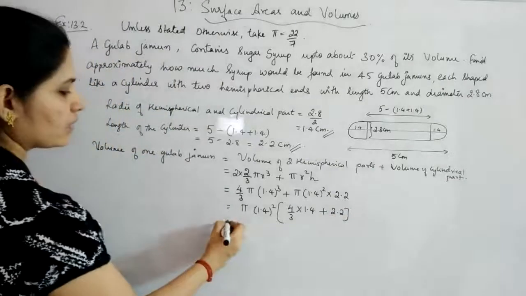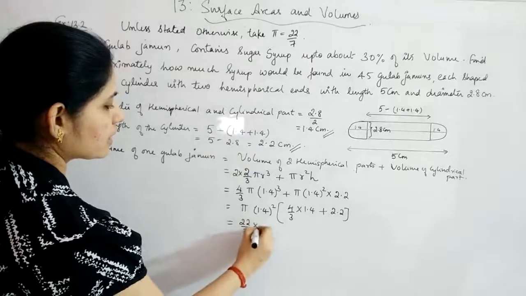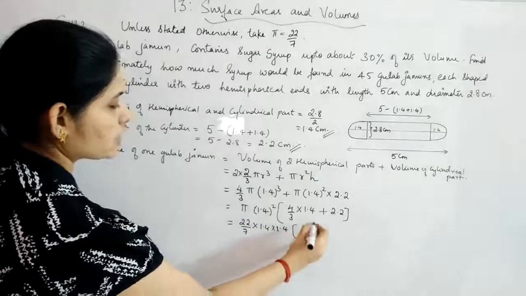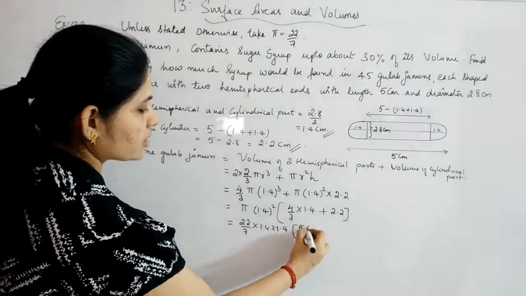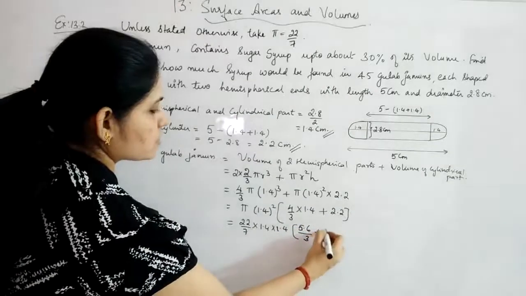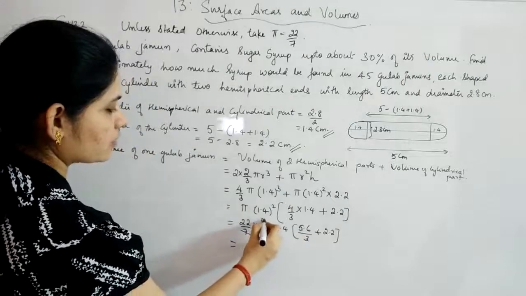Now we replace the value of pi, which is 22 by 7. So 22 by 7 into 1.4 into 1.4 into, here 4 into 1.4 is 5.6, so 5.6 by 3 plus 2.2. Again here you will get 0.2.